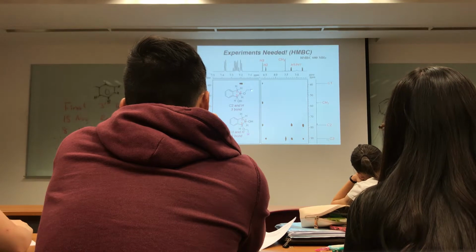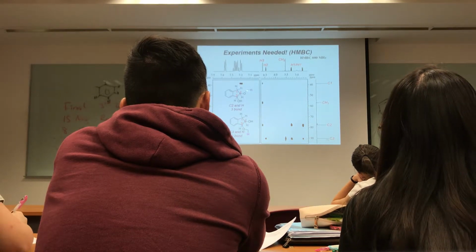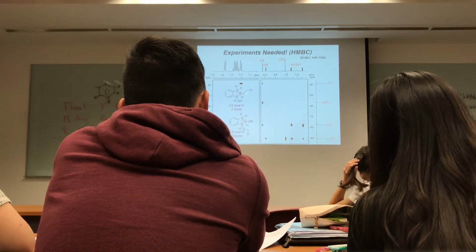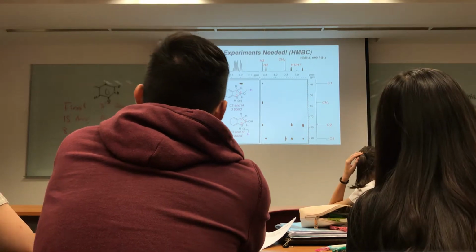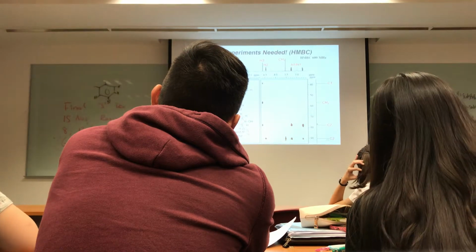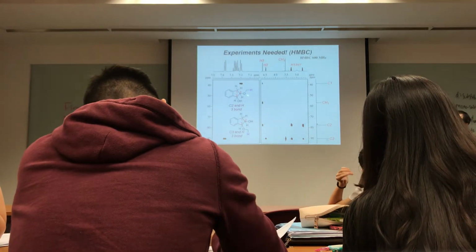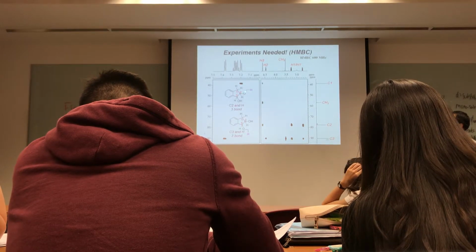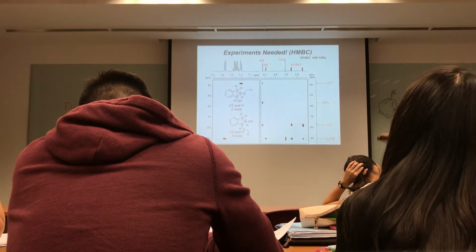Now this purple proton, one bond will see this carbon. Two bonds, oxygen. Oxygen is not NMR active, forget about this. Three bonds, it will see carbon 2. Right? One bond, two bond, three bond will see carbon 2.